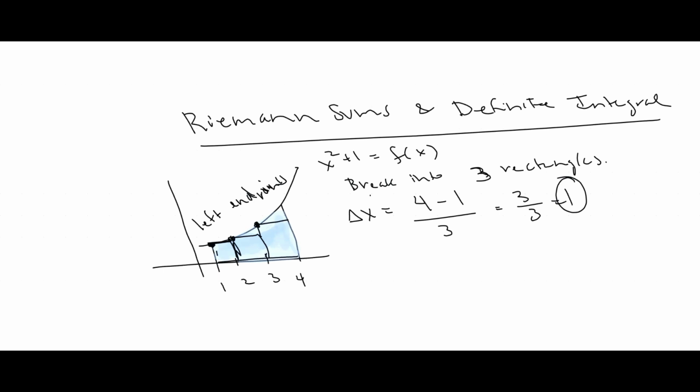And then I could say, okay, well, I don't have a formula for the area under this curve, but I do have a formula for rectangles. So I would find the area of each rectangle. The area of my first rectangle is going to be the width times the height.